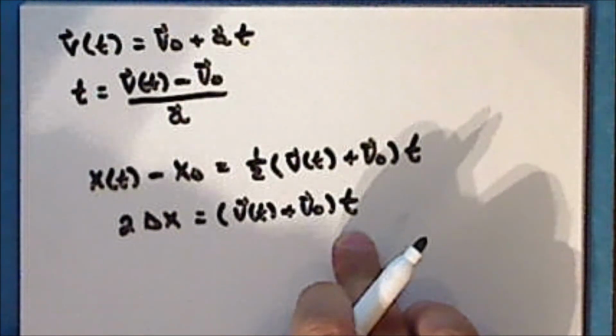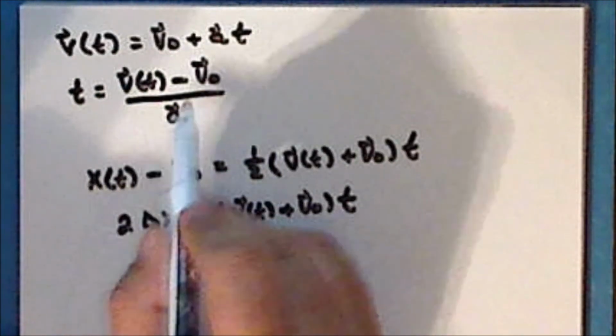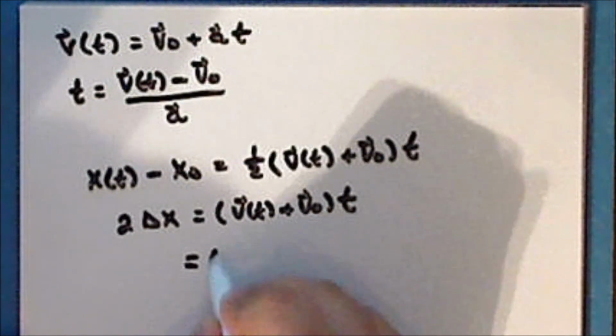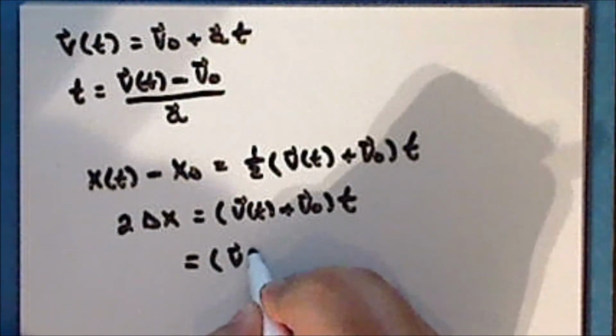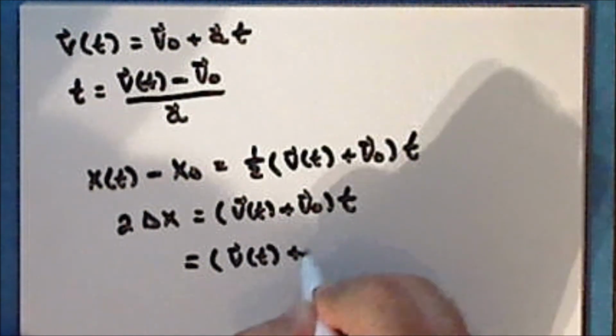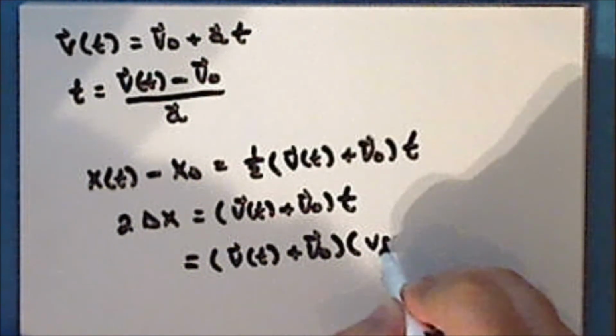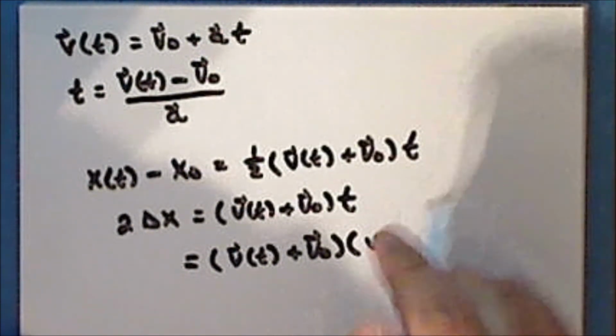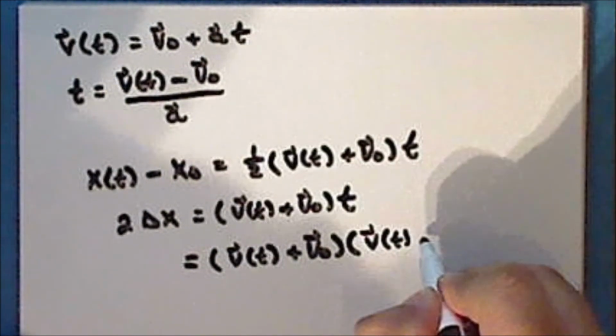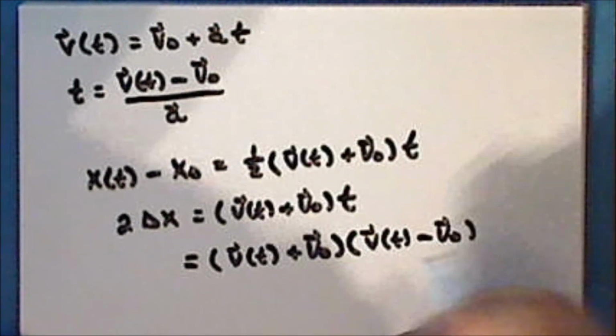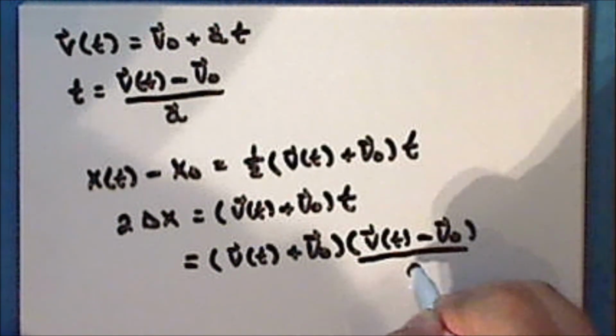And we can now replace the variable t with this expression so that we have the sum, the velocity at the time t plus the initial velocity, times the difference, the velocity at the time t minus the initial velocity, divided by the acceleration.